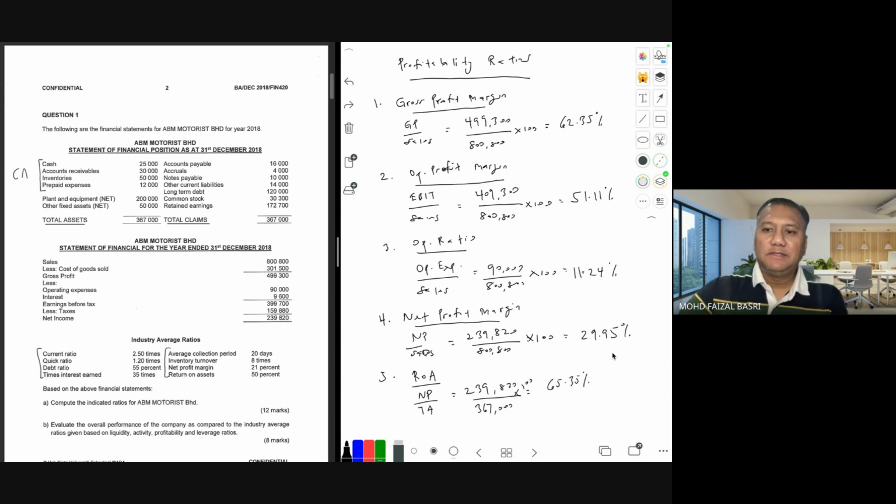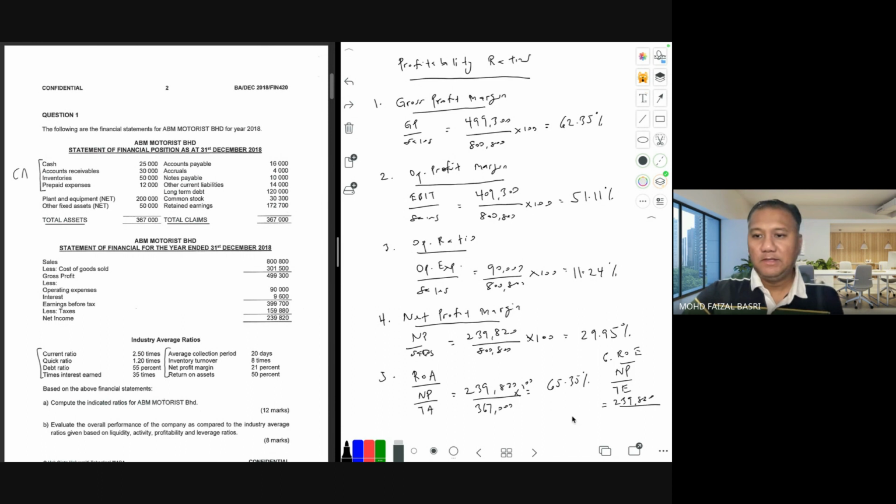And finally, number 6, ROE. Return on equity, it's net profit divided by total equity. So it's supposed to be 239,820 divided by total equity dia tadi. Combination between retained earnings dengan common stocks. Kalau ikut awal tadi, you have the answer kan, tapi ada delete kan. So I have to calculate again lah. Plus 172,700.